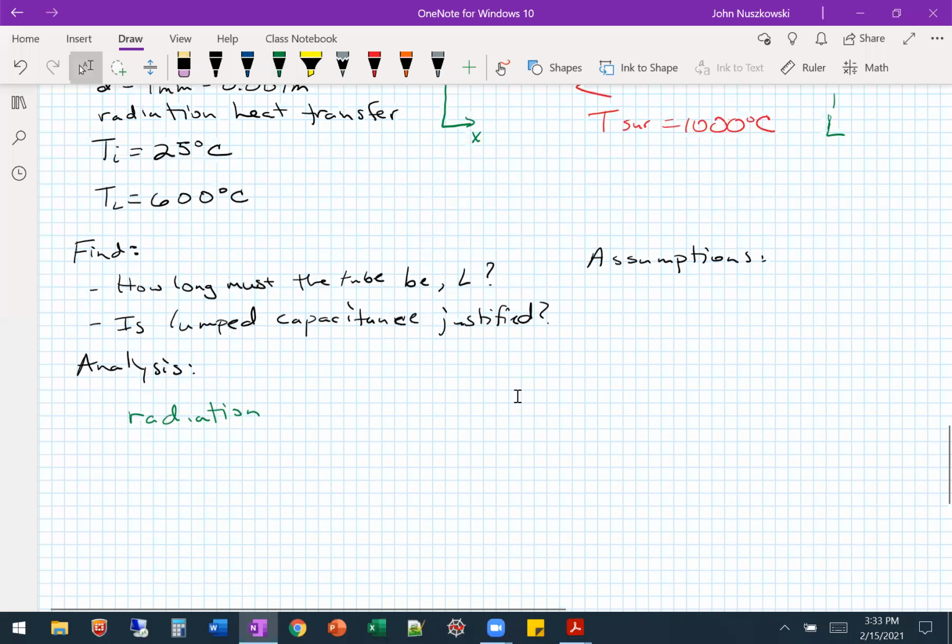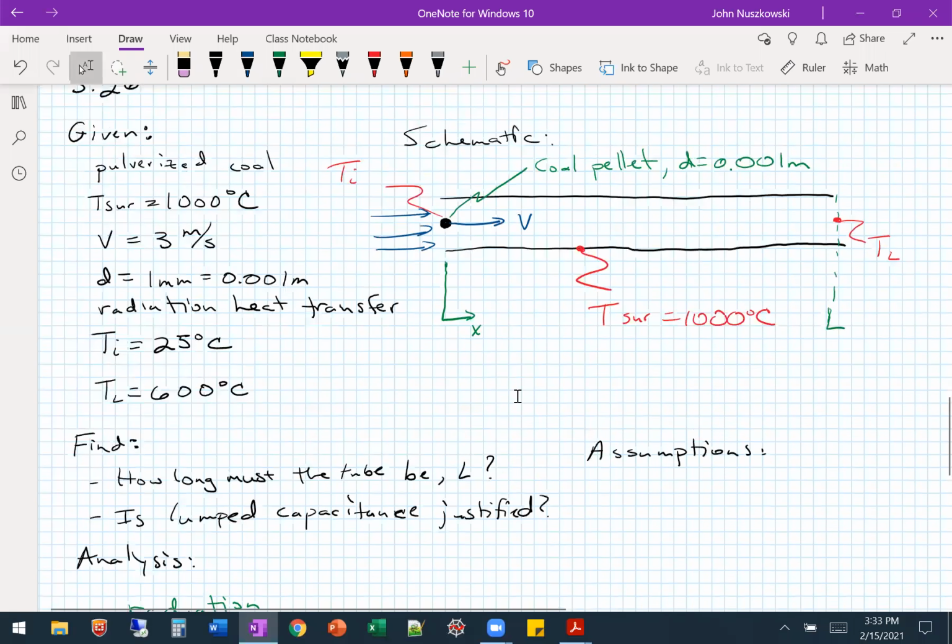Probably convection from the airflow too. So yes, there could be convection in this, but in this problem we're actually going to be neglecting it. They didn't say radiation only, but they say it's heated by radiation, so that is kind of saying radiation only.